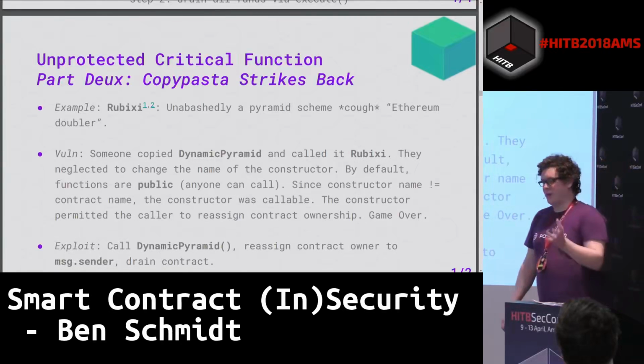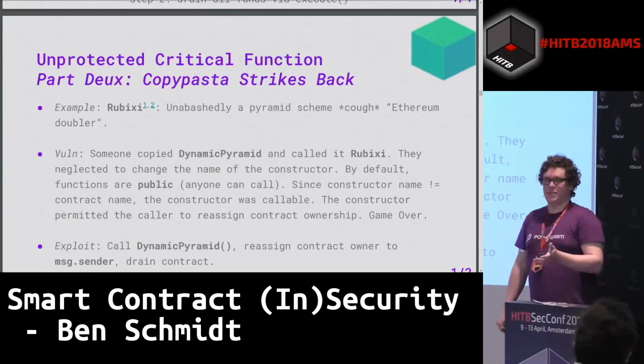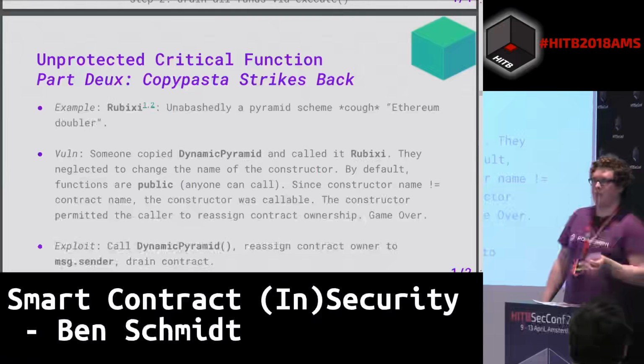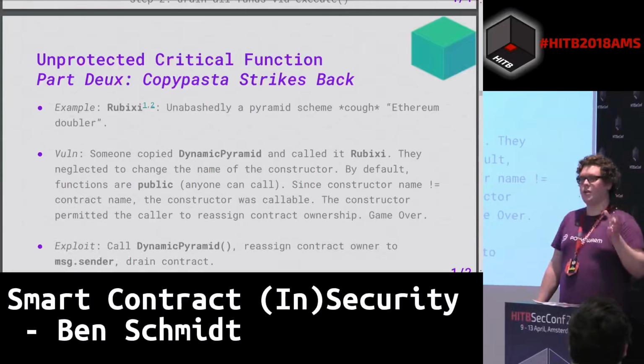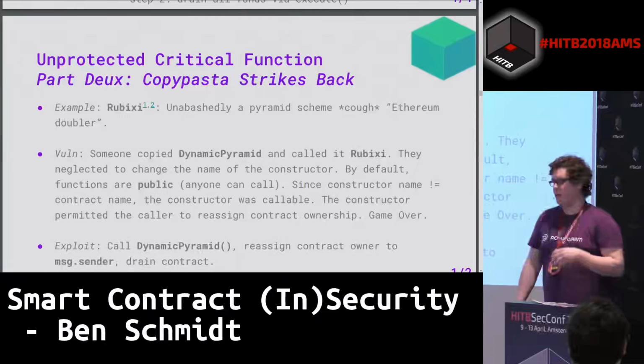The issue with this is whenever they renamed the contract to Dynamic Pyramid, they didn't actually update the constructor in this contract code. Now, the problem with that is that the constructor is actually only called during smart contract deployment, and after that, the code isn't even stored on the chain. It disappears entirely.